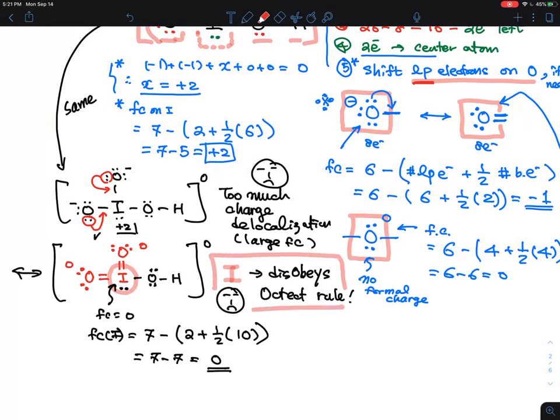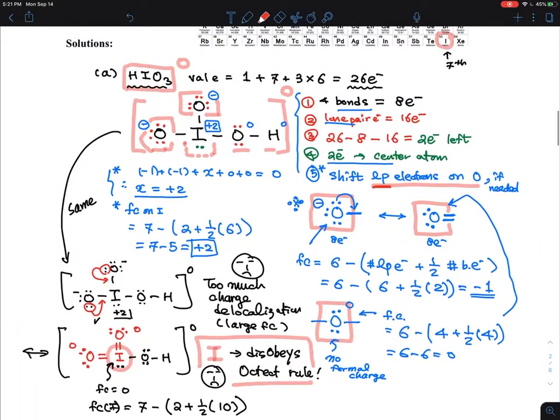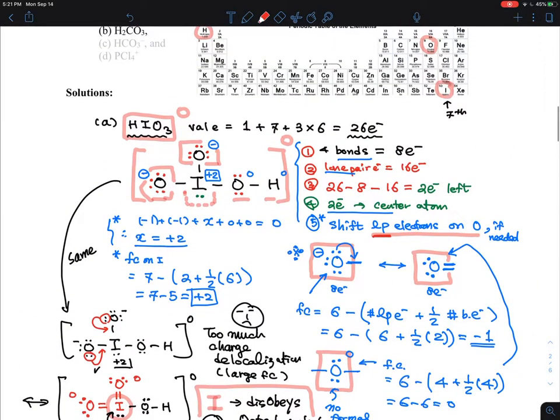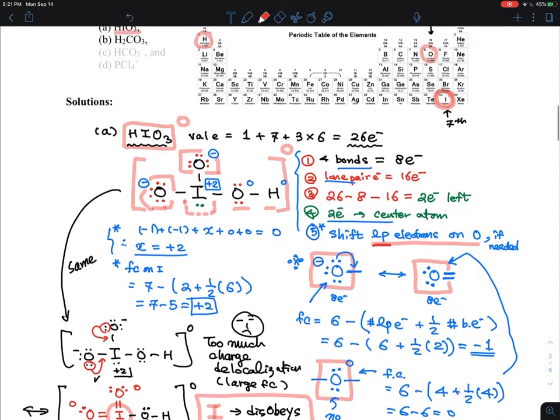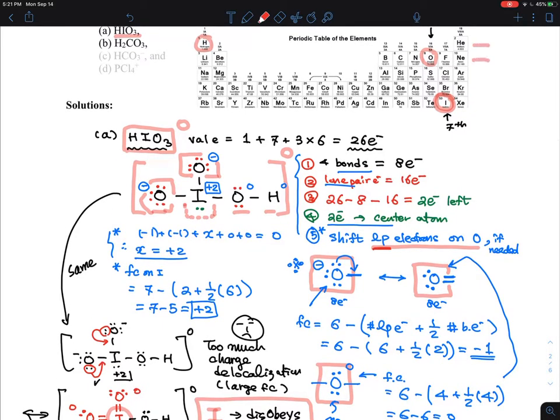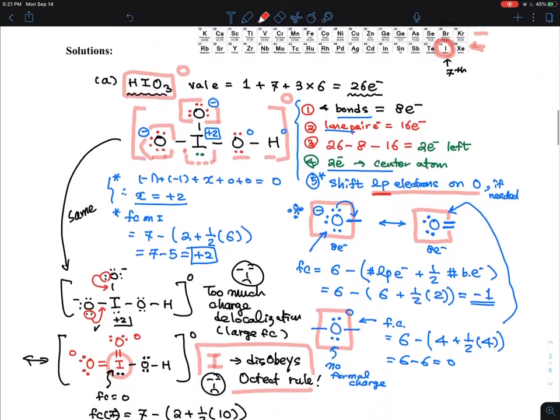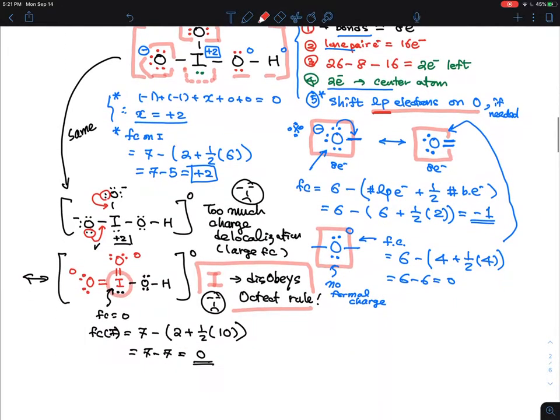Now let's have a look at where they are located in the periodic table. This iodine is located right here, which is like 1, 2, 3, 4, 5, the fifth row. So because the iodine is on the fifth row, the extended octet rule can be satisfied.